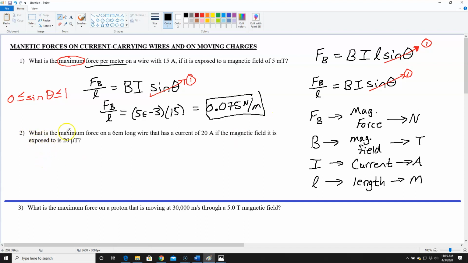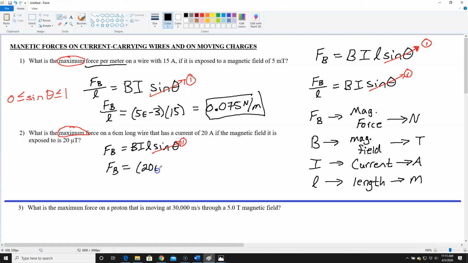Next example, what is the maximum force on a 6 centimeter long wire that has a current of 20 amps and is exposed to a 20 microtesla field? Again, we're looking at maximum, so we are going to set the sine of theta equal to 1. But this time, instead of looking at force per meter, I am just looking for the force itself.